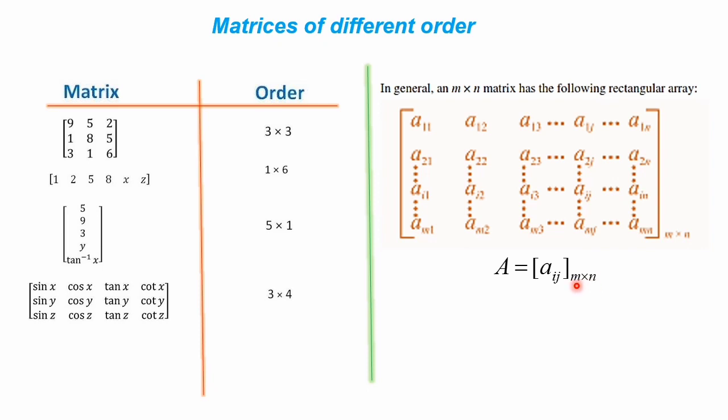That means in the suffix you have to write M by N. So the general form, in short, we can write the matrix as A is equal to square bracket aij of order M by N. So aij is an element lying in the ith row and jth column. So if it is a12, it is the first row, second element. That is the way we identify the element.